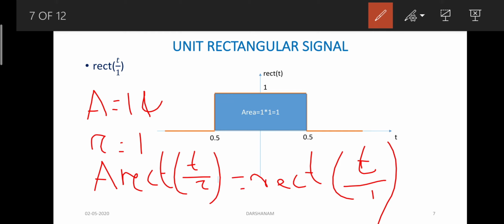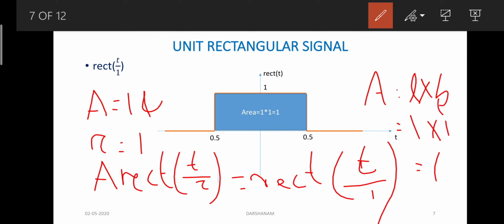So the area is equal to length into breadth. Here length equals 1 and breadth equals 1, so it is equal to 1.